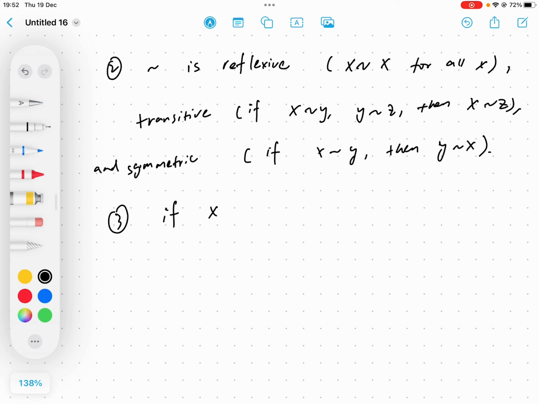If x is strictly preferred to y, and y is weakly preferred to z, then x is strictly preferred to z.